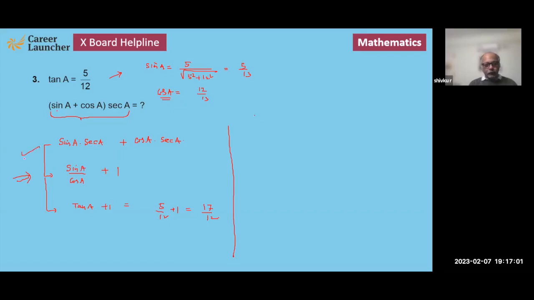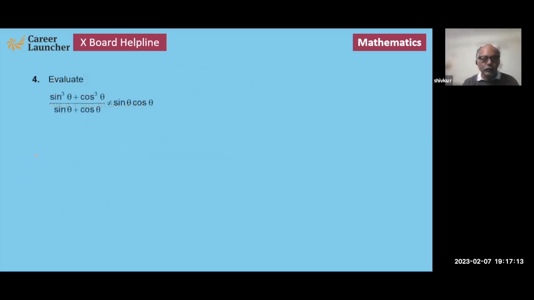This is a better way to solve it. Whenever you need to expand, make it a point to expand it, simplify it, and then see what is the final set of values that you need to put. Sorry, this should be plus. Okay, we see answers here.